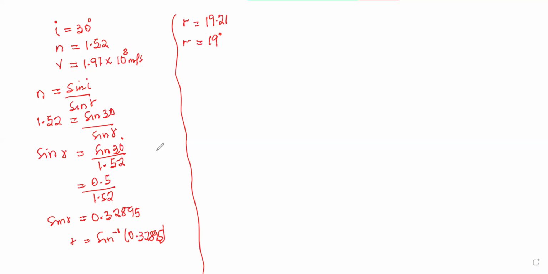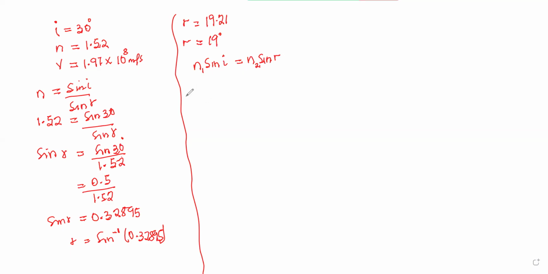Okay. The second method is that for any two media, the product of the absolute refractive index of the first one and the sine of the angle of incidence is equal to the product of the absolute refractive index of the second one and the sine of the angle of refraction.